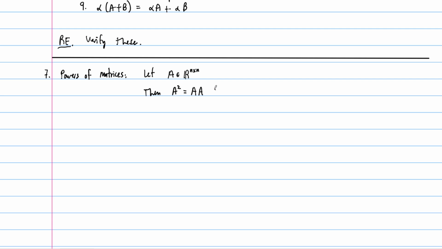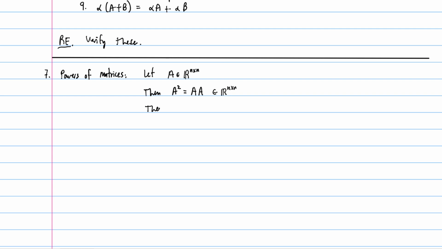And again, this will live in n by n dimensional space, because the number of rows and columns, there are two copies of this, the n's cancel, but you're still left with n's on the outside, if you think of it systematically like that. But if we can do this, then we can do as many as we want.